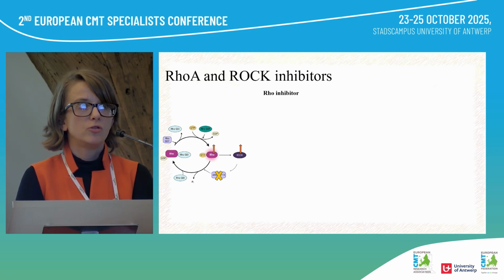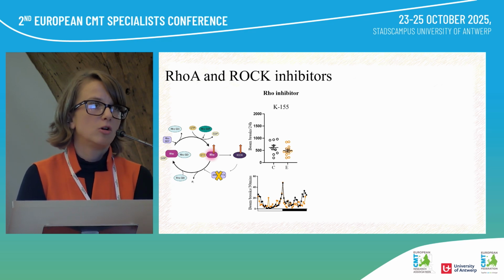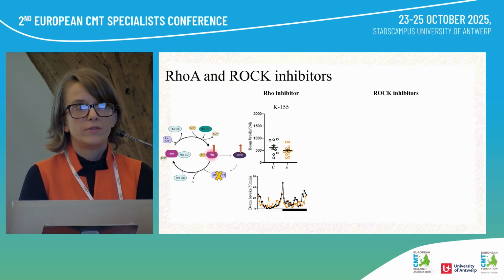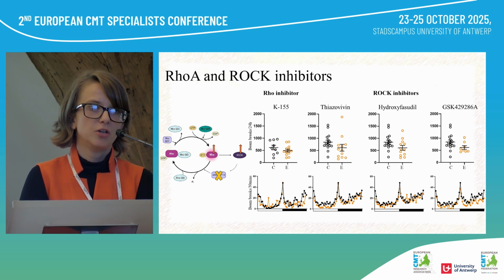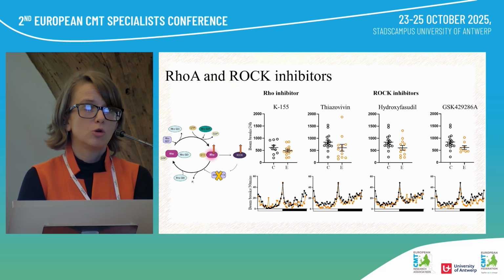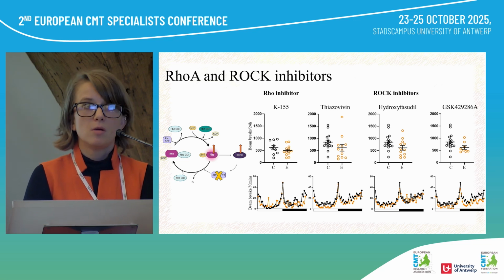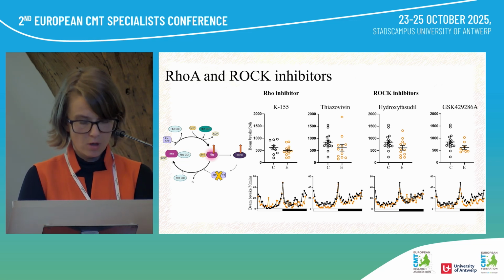And for RHO inhibitors, I didn't see any significant changes in the fly locomotion or in the activity pattern. With the ROCK inhibitors, well, I didn't really see any changes either. And now this could be because I missed the critical period of the drug functioning, because the dosage was incorrect in this model organism, or simply because these are not relevant here.